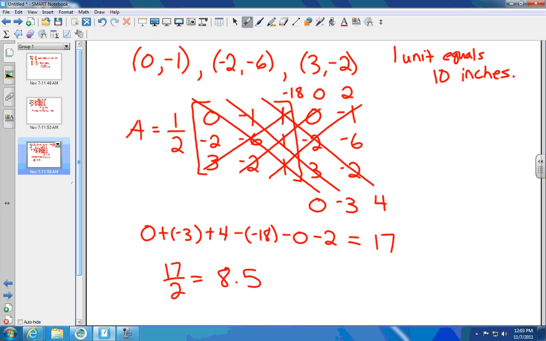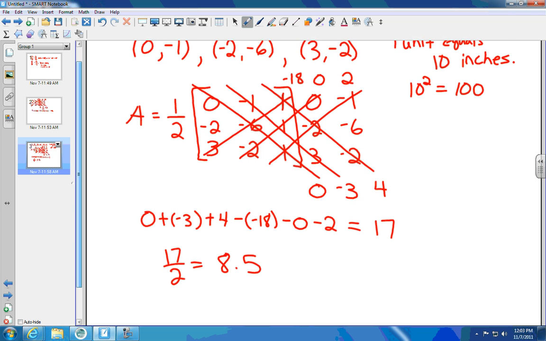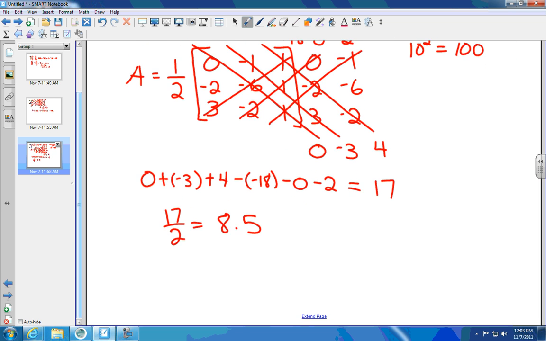So what would this be? Squared, right. So it'd be a 10 by 10 or 10 squared, which is 100. So you don't take it times 10, you take it times 100, since you're talking about area in square inches. So 850 inches squared or square inches, however you want to write that.